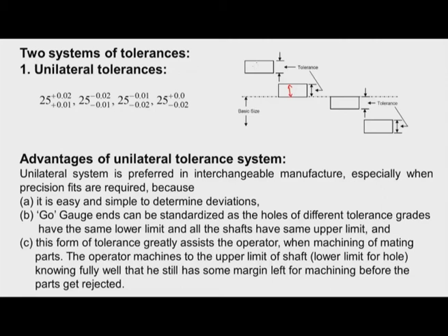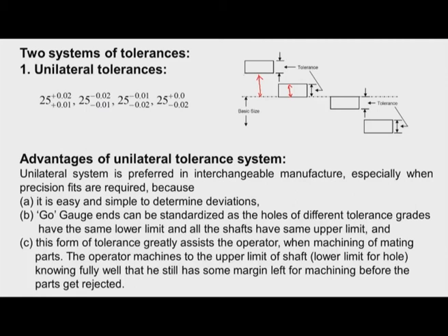This is another example. Now here there is no gap between basic size and the lower size of the part. Here there is some gap between the basic size and the lower size.